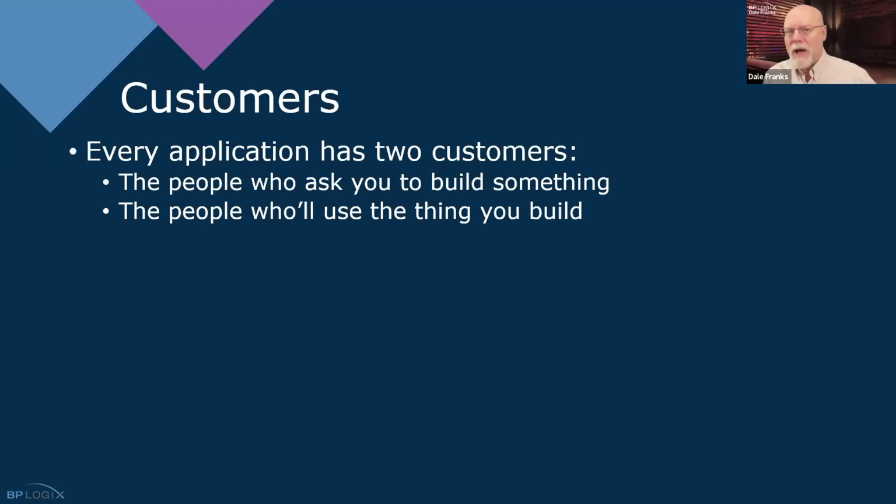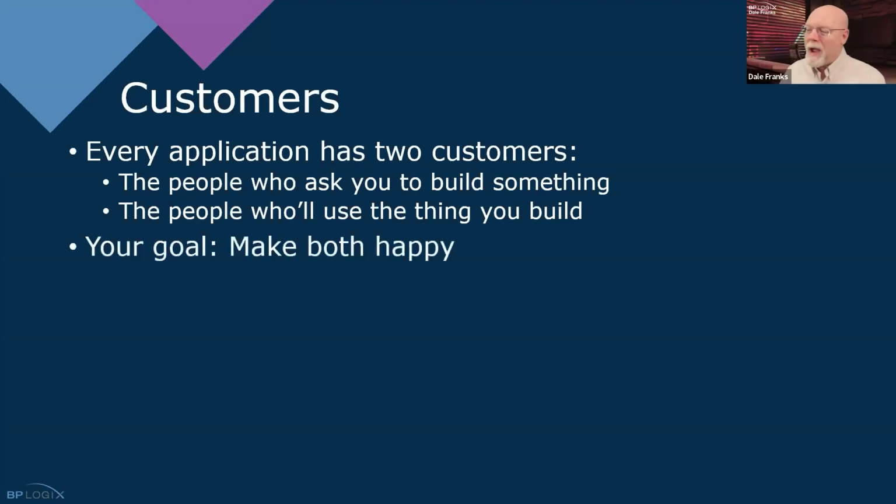But there's another set of customers that often get left out of this conversation, and those are the people who are actually going to use the application. Sure, you have to satisfy the people who asked you to build the application, but the people who use the application, or who choose not to use it, as the case may be, if they don't like it, both have to be satisfied.